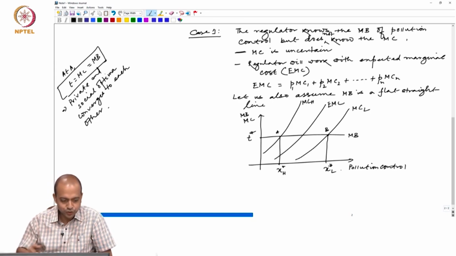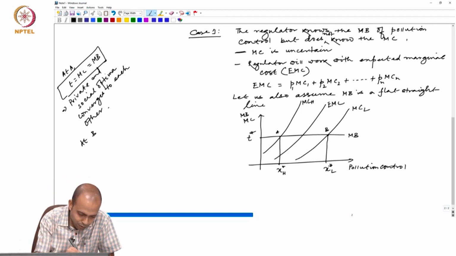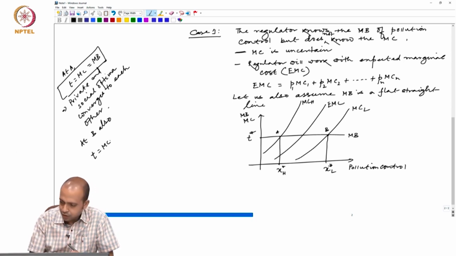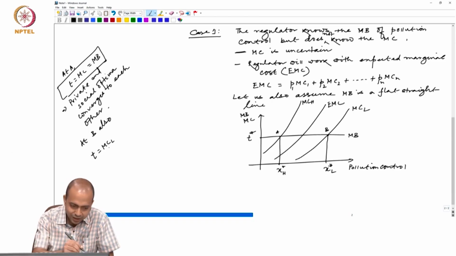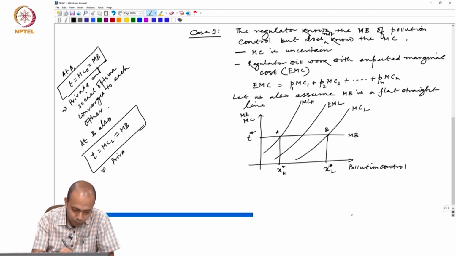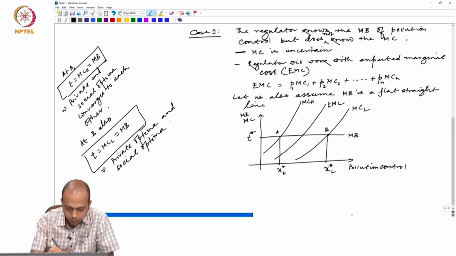Even in this case, at B also, we can see that T equals MC, rather I will say this is MCL and this is MCH, equals MB is still achieved. So private optima and social optima converge to each other.